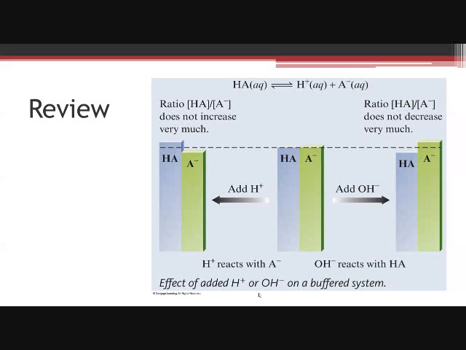But the thing is, they increase and decrease by the same amount. So that's not going to change the actual ratio. Same thing if you add hydroxide. Yes, the base will increase and the acid will decrease, but they change by the same amount. So the ratio will stay the same. Okay, so this is just a little bit more information about how buffers work.